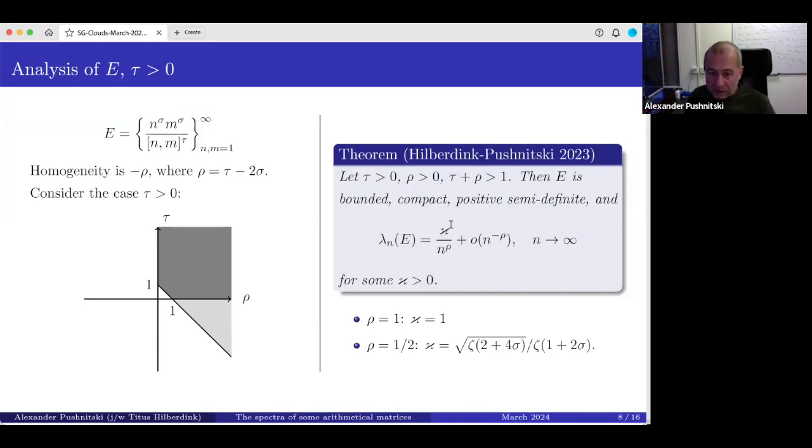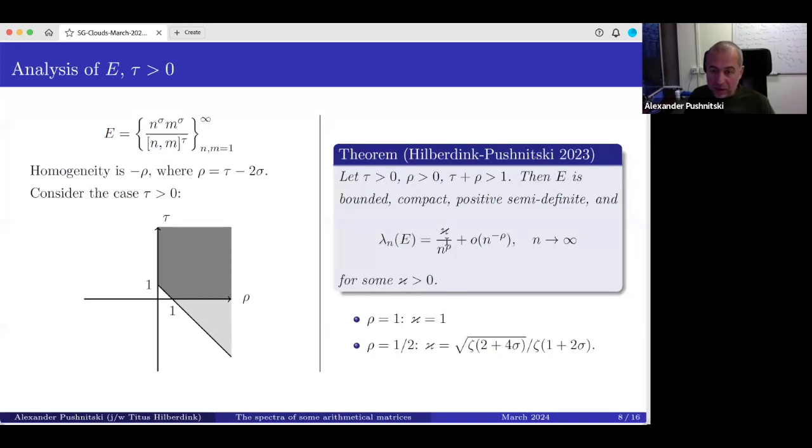We have some coefficient kappa here, and the leading term of the asymptotics is kappa over n to the rho. Notice that this precisely corresponds to the asymptotics of the diagonal elements of the matrix, which, as I discussed on the previous slide, are 1 over n to the rho.